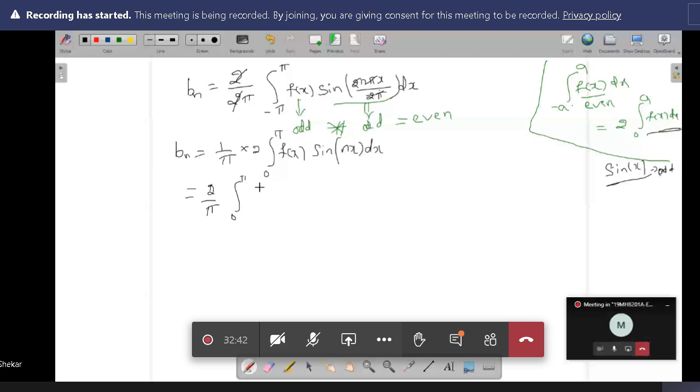So simply, the integration of sine nx is minus cos nx divided by n, with limits from 0 to pi.